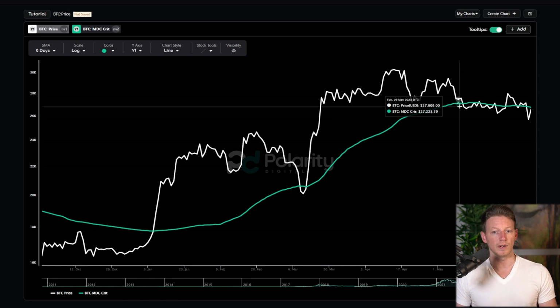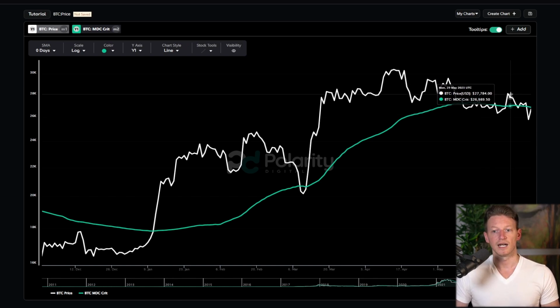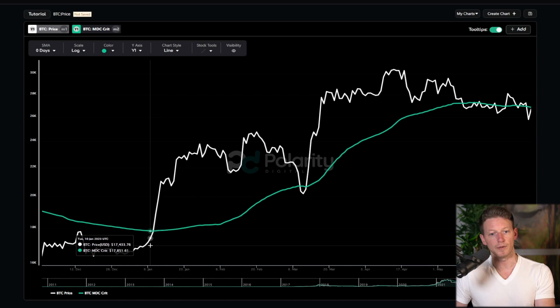So it's this kind of thing where, yes, we've had a few little losses, and we're talking about just a few percent here, right? Each of these losses, some of them even less than 1%, and a couple of them have been slightly bigger. But we released this metric all the way back here. We released the metric right before the price crossed above the MDC, at least we launched it in terms of putting it out there for the public to use.